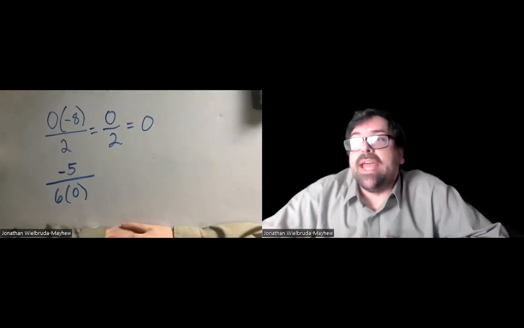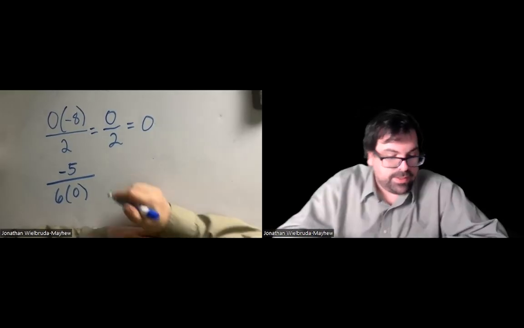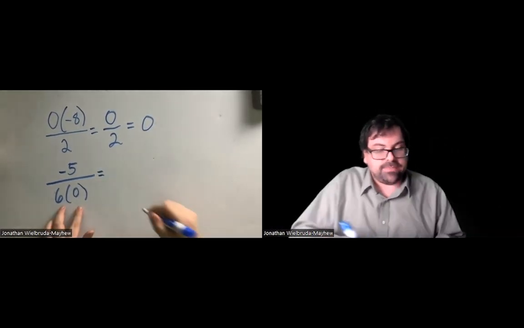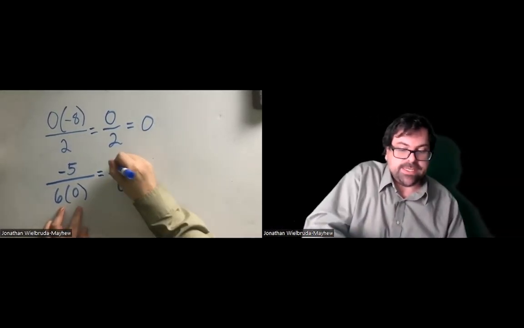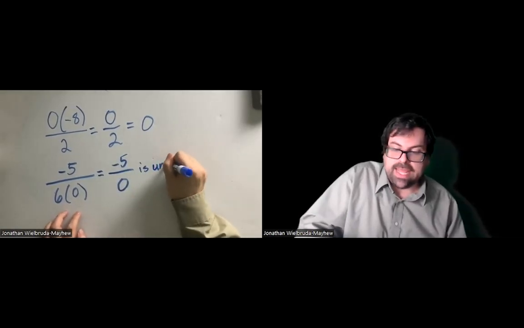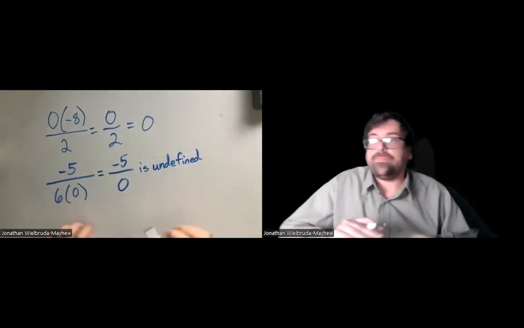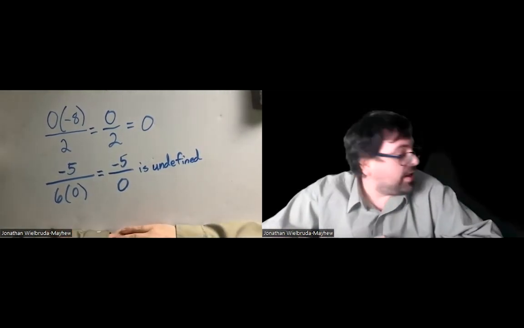But if we have this, -5 divided by 6 times 0, again, anything times 0 is 0. So this is 0 on the bottom. That's not allowed. So that one is undefined.